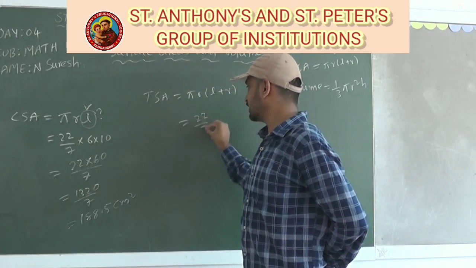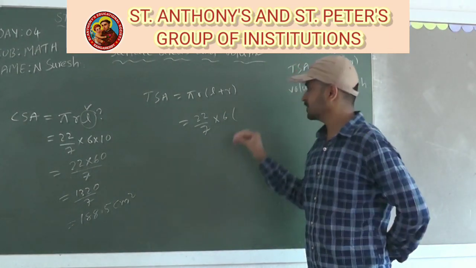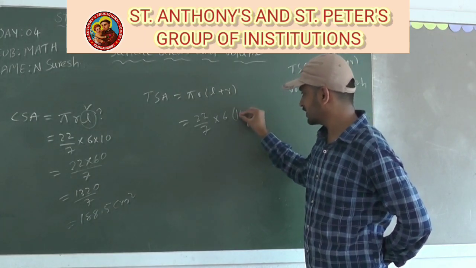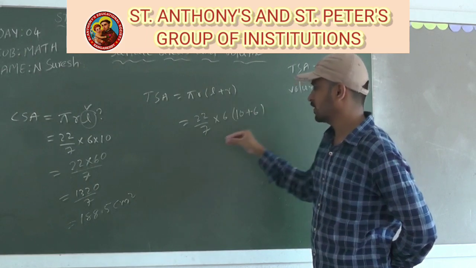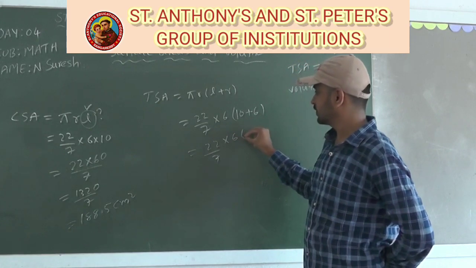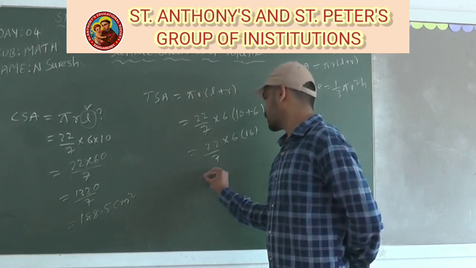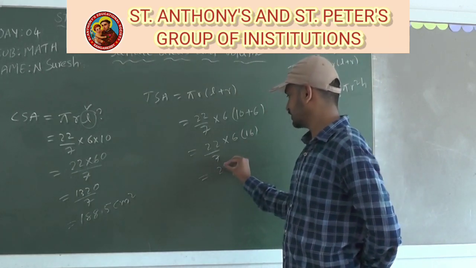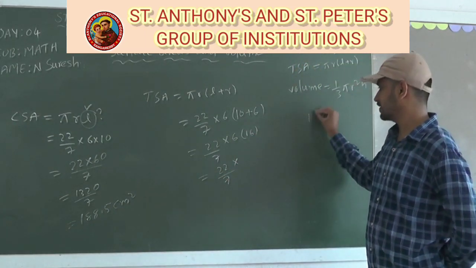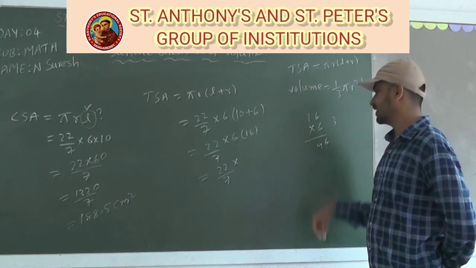So pi is 22/7, r equals 6, L we already know, L equals 10. So 22 into 6, 10 plus 6, that is 16, over 7. So 22/7 into 6 into 16, that is 96.